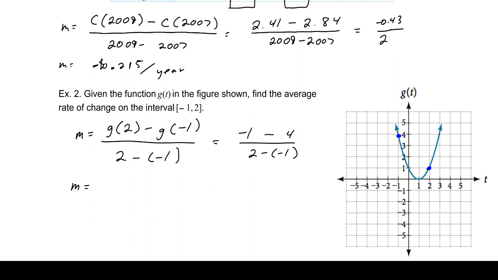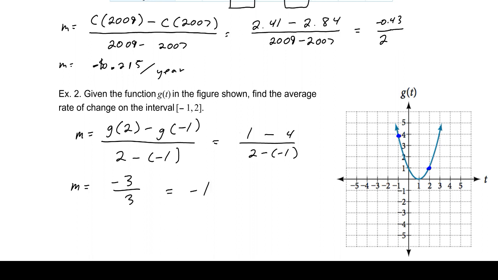So our average rate of change is negative 5. Hold on. Oh, that's positive 1. Why did I write negative 1? All right, let's make that negative 3 divided by positive 3, or negative 1.